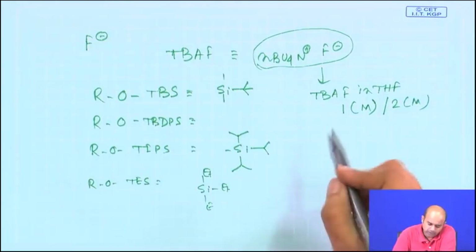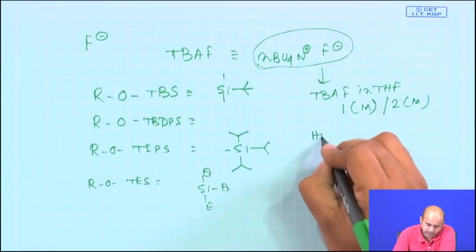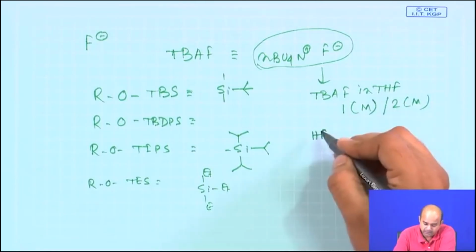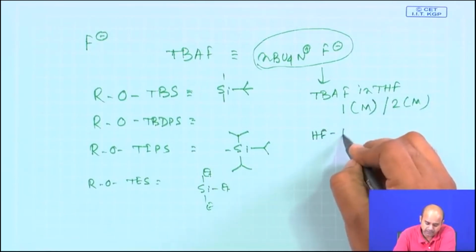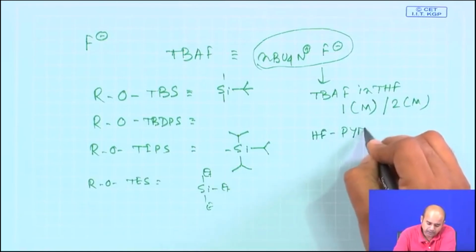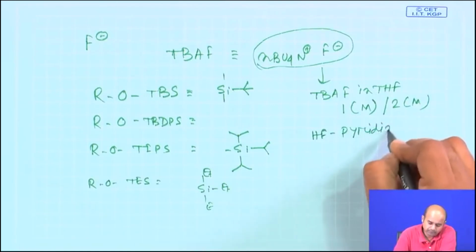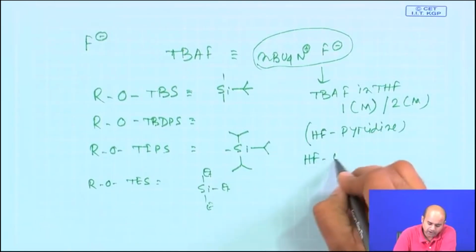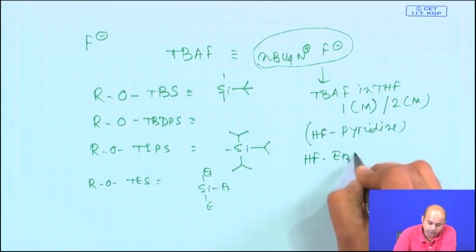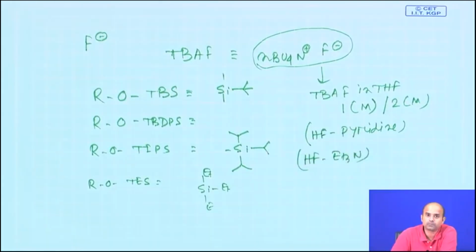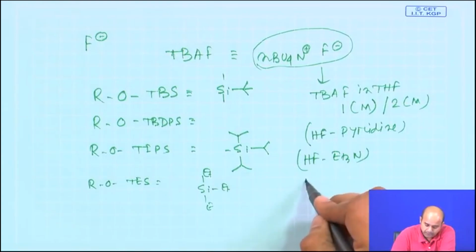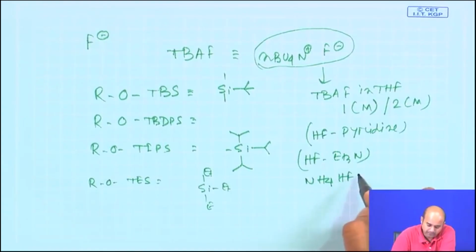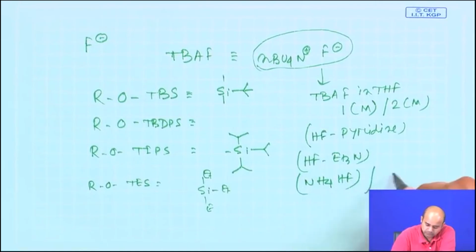In some cases you can use HF. HF is very strongly acidic, and to minimize its acidic nature sometimes HF is combined with pyridine. HF pyridine is a good reagent. HF triethylamine is a good reagent to cleave silicon containing protecting groups. Simple ammonium fluoride, ammonium bifluoride, was used.